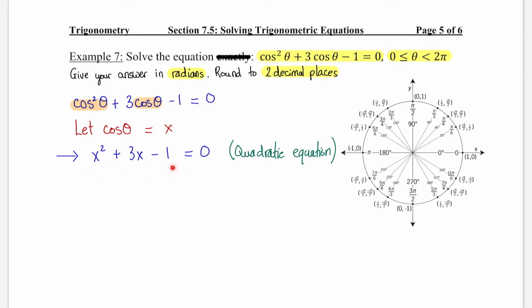This is not factorable, so in this case, I will use the quadratic formula. You have x equals negative b plus or minus square root of b squared minus 4ac over 2a, where a is 1, b is 3, and c is negative 1. So I'm going to substitute 3 for b, 1 for a, and negative 1 for c.